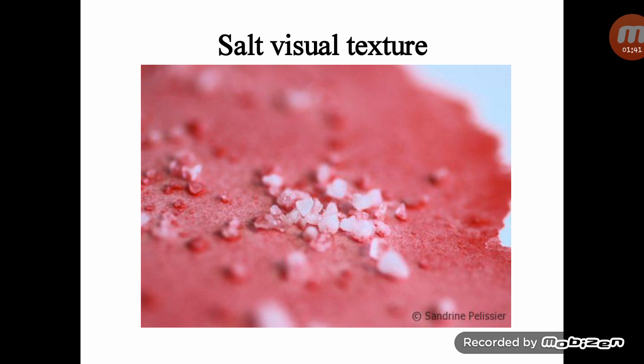Salt visual texture. For salt texture, you can use fine salt. It will give you a more obvious texture. When your wash is drying, the salt will absorb some of the water, moving the water and the paint around the grain of salt.